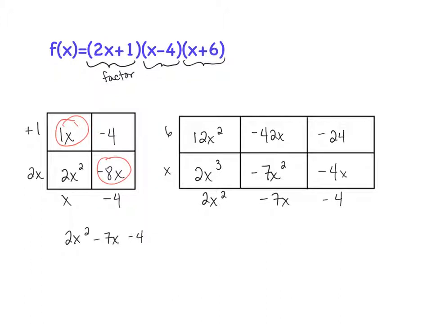So then I want to look at what my like terms are. In this case, I have like terms of 12x squared and negative 7x squared. I also have negative 42x and negative 4x. This caused some confusion: when we're multiplying all the factors from the outside, we can multiply unlike terms, because an x squared times an x is giving us that x to the third.